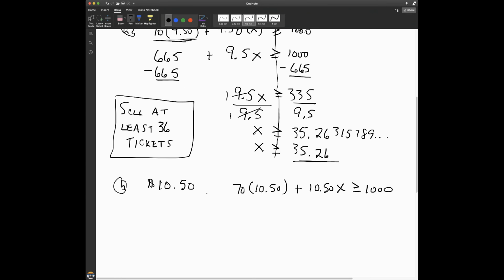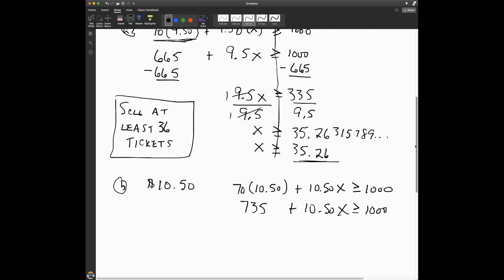Let's see here. 70 times $10.50 is $735, plus $10.50 times x.